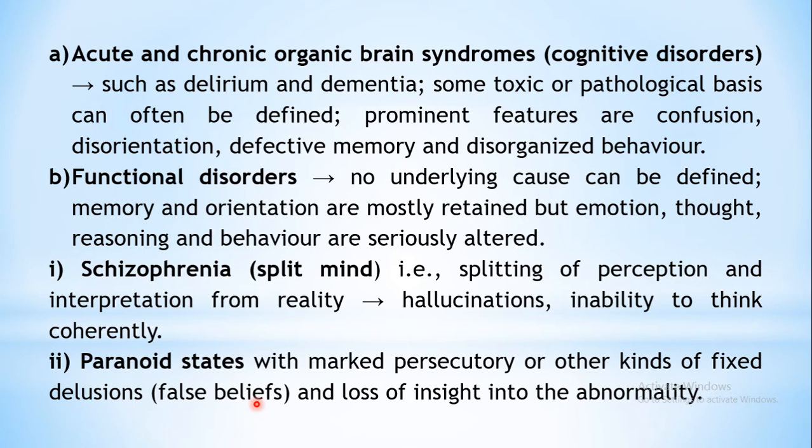They will make their mindset about some situation or some person. They will make some false belief in their mind about something or some situation, and they will lose their insight into the abnormality. They will not look into a particular thing or a situation correctly. So that is known as a paranoid state.